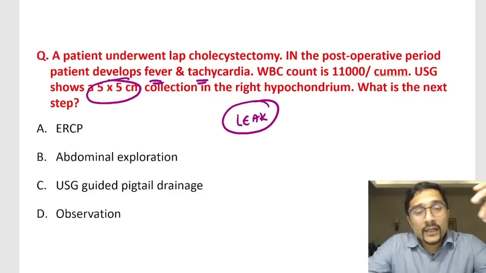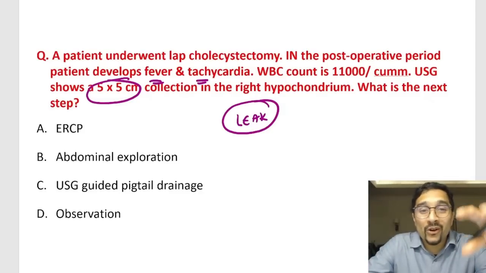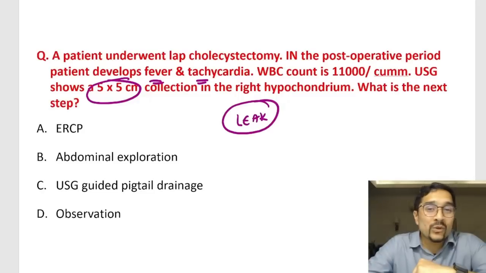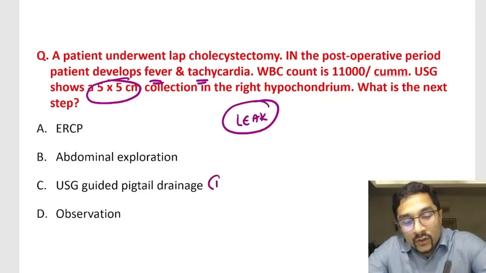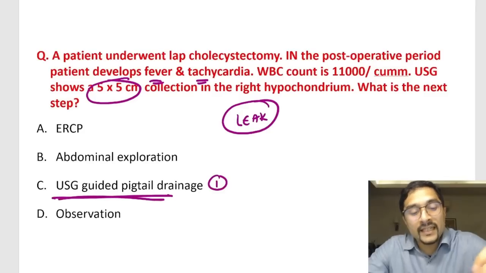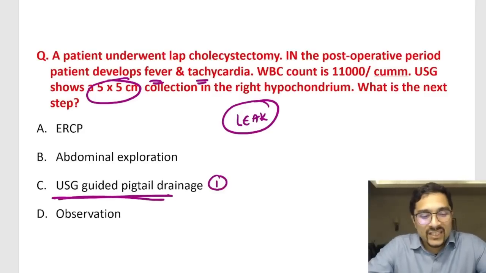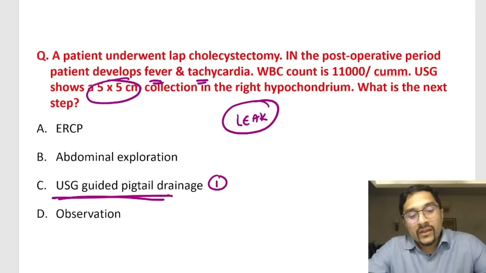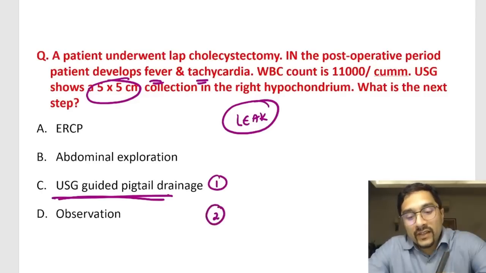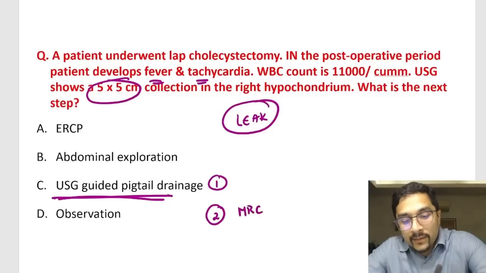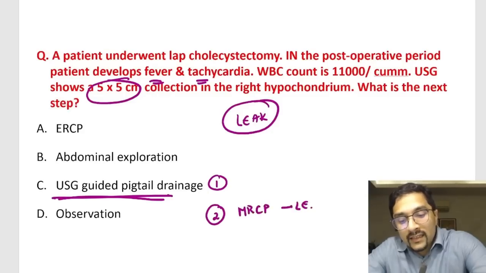So before I do that, in such a patient who's already symptomatic, I first need to control the symptoms. So in such a patient, the first thing which I will do is ultrasound guided pigtail catheter drainage to drain out the collection.